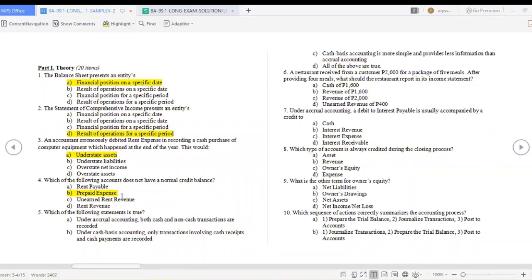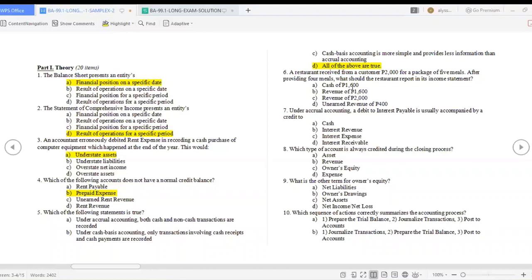This is also true, since in cash basis accounting, what we look at is the involvement of cash. So every cash receipt and cash disbursement, you record it. Letter C. Cash basis accounting is more simple and provides less information than accrual accounting. This is also true. So the correct answer is letter D. All of the above are true.